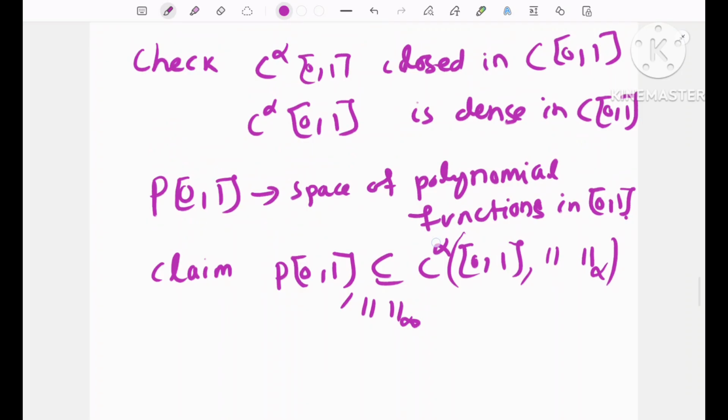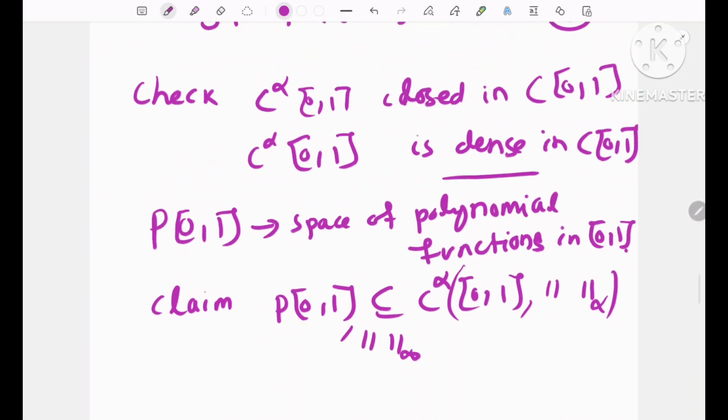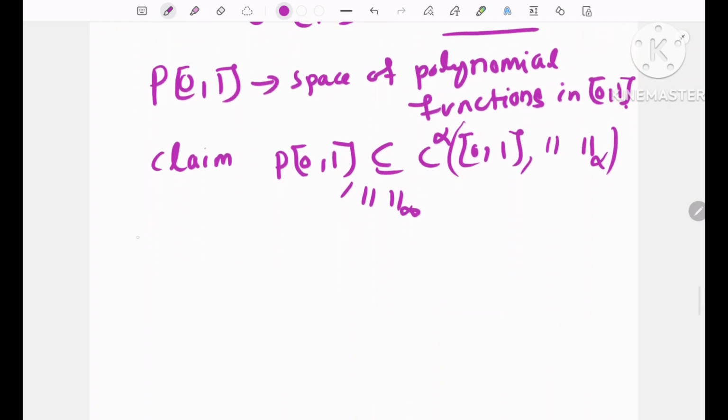How will it help us to verify this denseness? Our strategy is to apply the Weierstrass approximation theorem, because polynomial functions are always associated with the Weierstrass approximation theorem. I hope that everyone knows the result that the space of polynomial functions is dense in the continuous function space with respect to the sup norm.